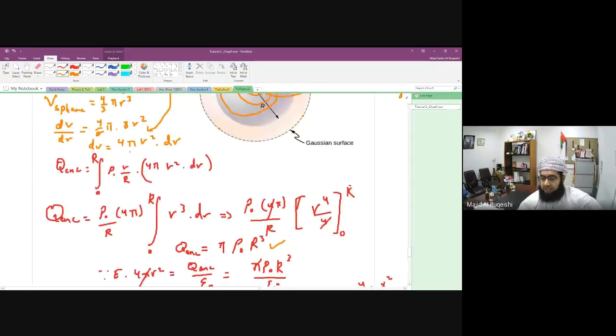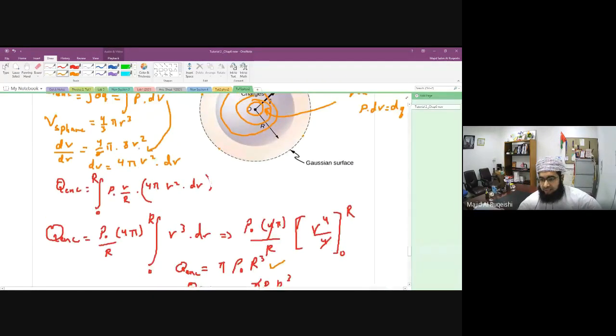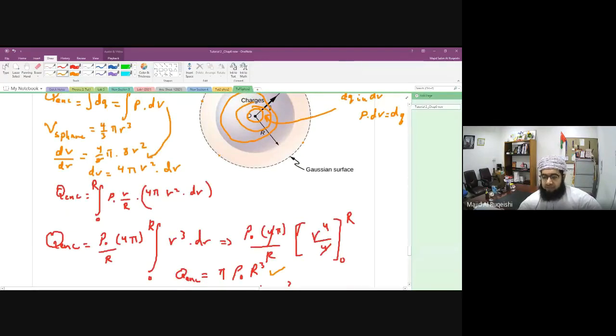Okay, this is the dV. And yes, this is the volume of the sphere which is 4/3 πr cubed, and then we differentiate it, we get this. So at the end of the day, we are using the same volume of the sphere, because this is r capital. It was for the large one, but now we are using r small. Sorry, this is r small for the outer layer of the Gaussian surface, which is when r is more than r capital.